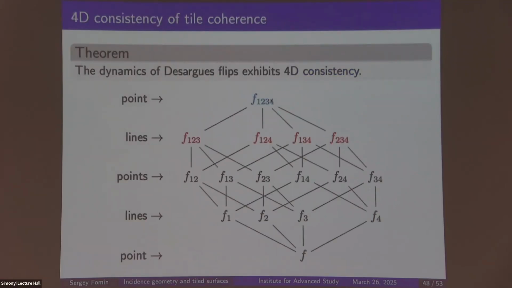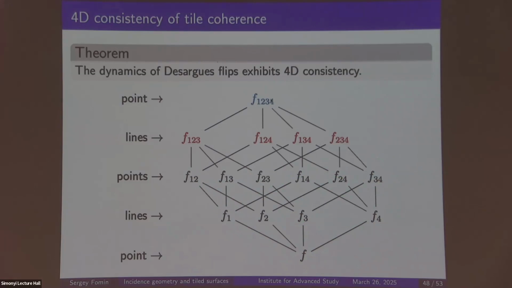And according to their yoga, what you need to look at is whether the 4D consistency holds or not. So we take a 4-dimensional cube, we label these four by points, these guys by lines, these guys by points, and we require that every quadrilateral that involves the three bottom levels is coherent.